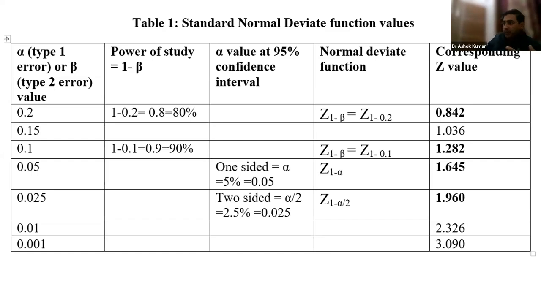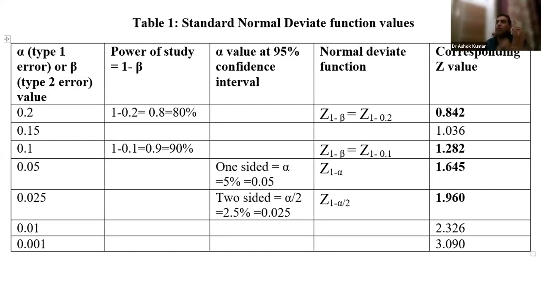It may be A is better than B or B is better than A. So there is no direction. It is called two-sided. A is better or A is worse. So this is an example of two-sided and one-sided.